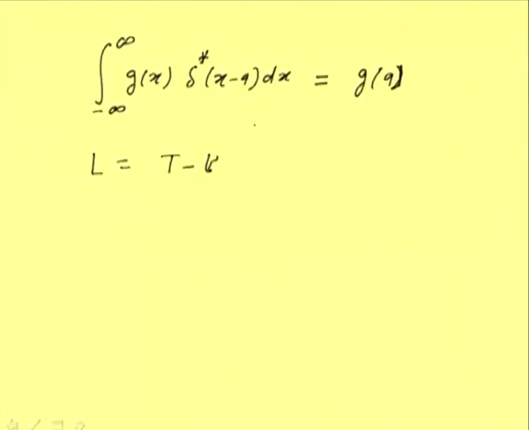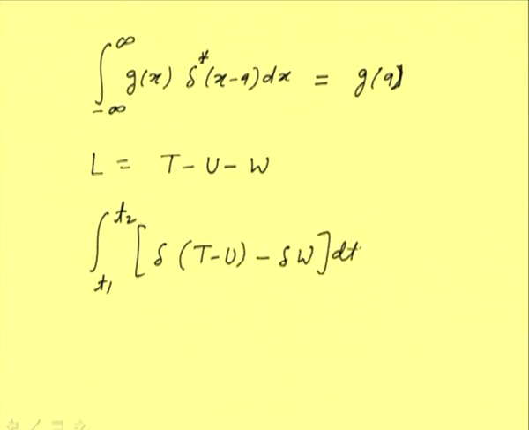So once we have got the expressions of the kinetic energy, potential energy and work done, we can use the Lagrangian, and with the help of Hamilton principle we can obtain the equation of motion. Let us see what the expression for the Lagrangian is: T minus U, plus W, and the Hamilton principle is stated like this: integral of (T minus U) delta W dt is equal to 0.